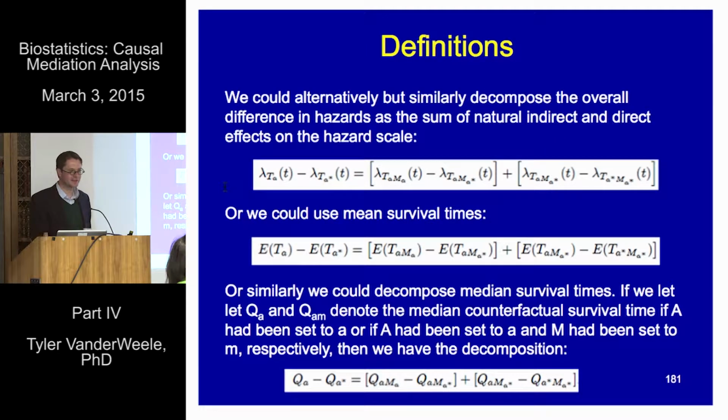But we could do the exact same thing on a hazard difference scale, where we decompose the difference in hazards at time t, comparing exposed to unexposed, into a hazard difference indirect effect and a hazard difference direct effect.